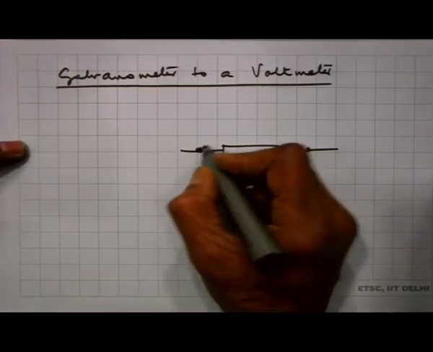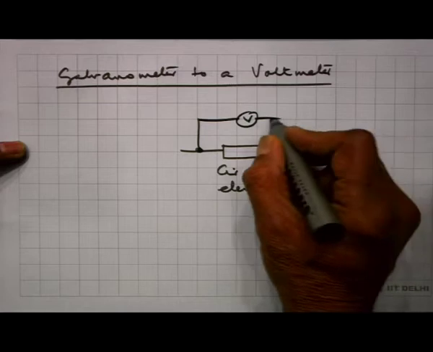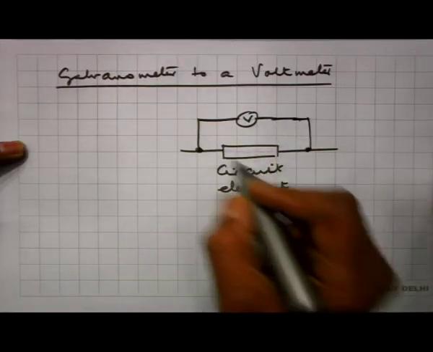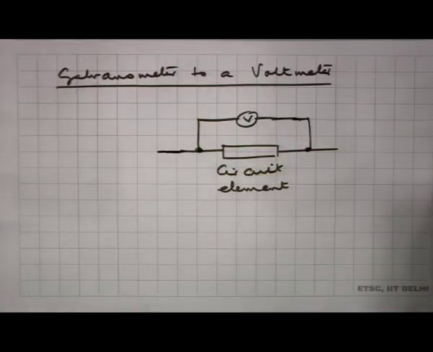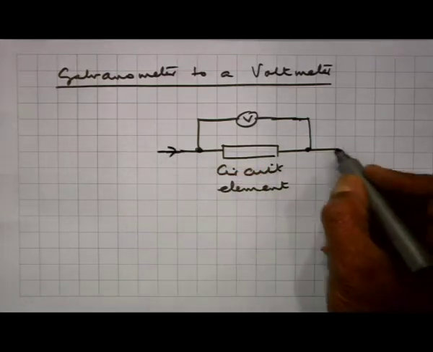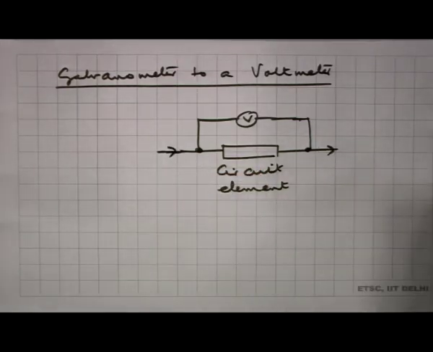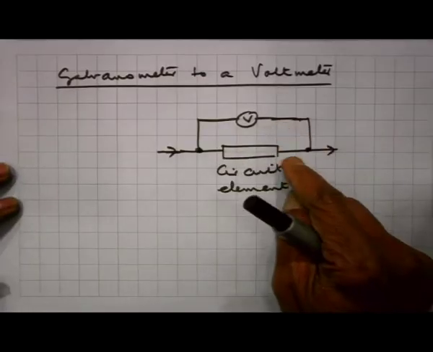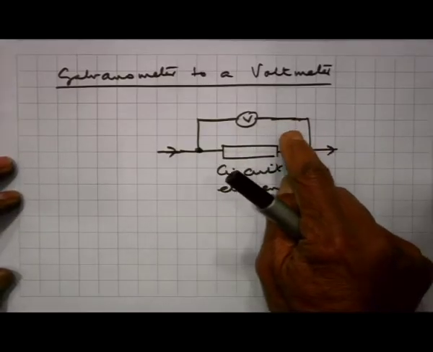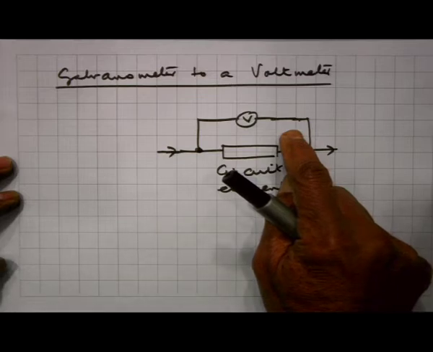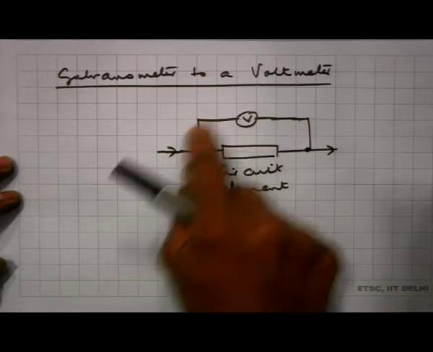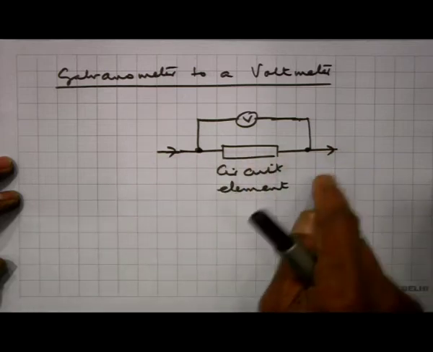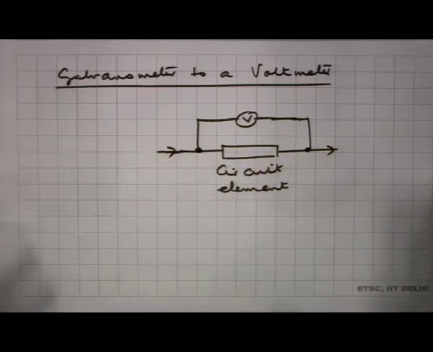So, the voltmeter is a device which I will connect across this and measure the potential difference across these 2 points. Again, I must ensure that connecting the voltmeter to the circuit does not change the current passing through the circuit, which means because this voltmeter is in parallel with the circuit element, the voltmeter must have very high resistance, so that adding this does not cause much change in the circuit, and the current that was passing before I connected the voltmeter continues to pass in the circuit.